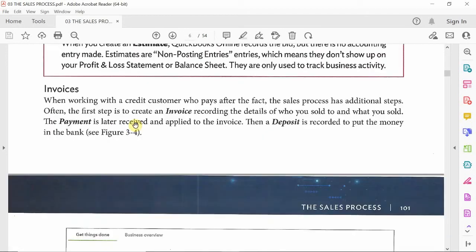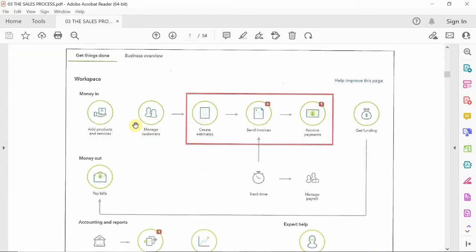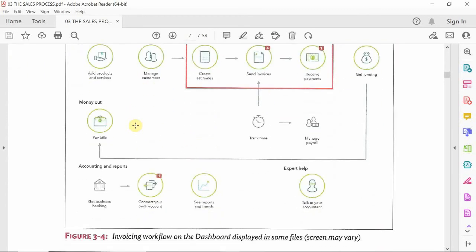So again, this is very similar to using accounts payable, right? You need to have the pay bills function to reduce your accounts payable. Same thing with accounts receivable. You must use receive payments in order to reduce your accounts receivable, okay?